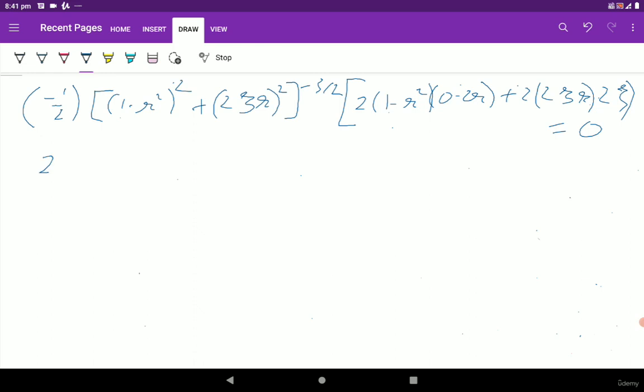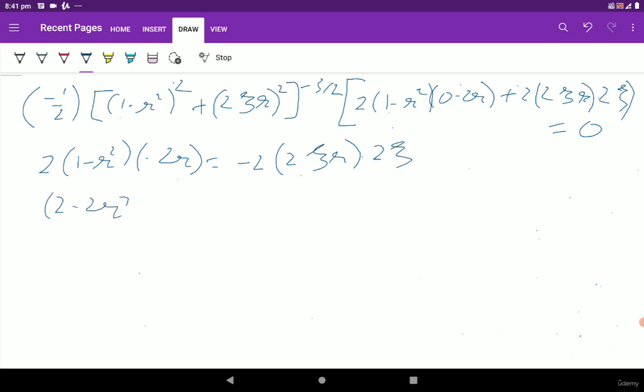So let's further simplify it. 2 (1 minus r square) times minus 2r is equal to minus 2 into 2 zeta r into 2 zeta. So 2 minus 2r square minus 2r is equal to minus 8 zeta square r.